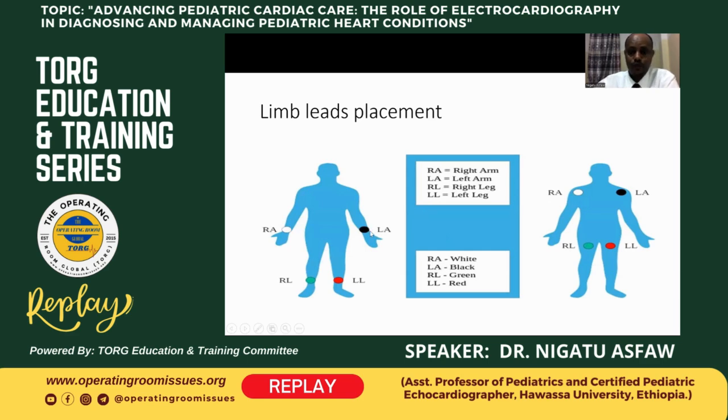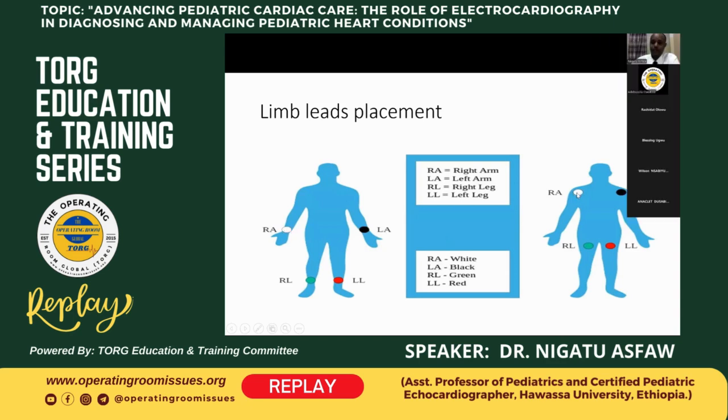We put the right limb electrode on the right arm, and that can be placed on the proximal arm or around the shoulder in pediatrics, and the left arm electrode can be put here or on the proximal extremity in pediatrics. On the right leg, the green electrode is put, and the red electrode will be put on the left leg.